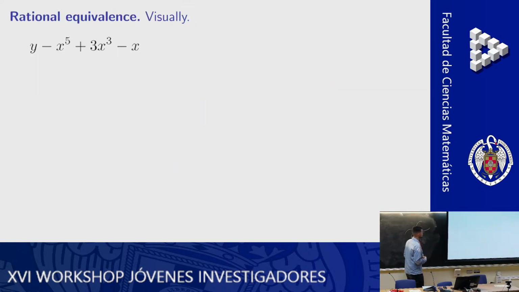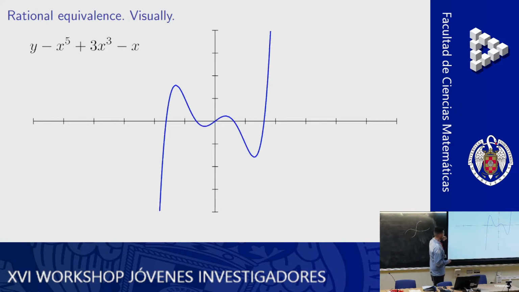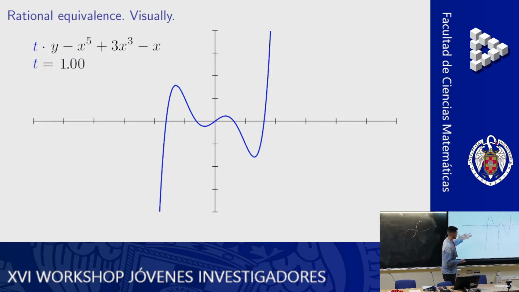Let's take this example to illustrate the idea behind the first part. We are going to introduce in this group an equivalence relation. If you take this example, we are going to represent this curve. We could introduce a deformation of this curve, just multiplying this summand by a parameter t, and moving t.